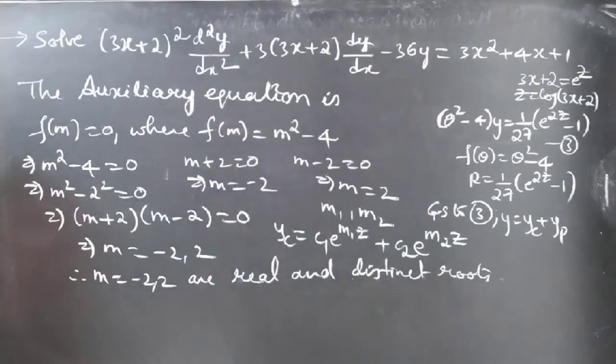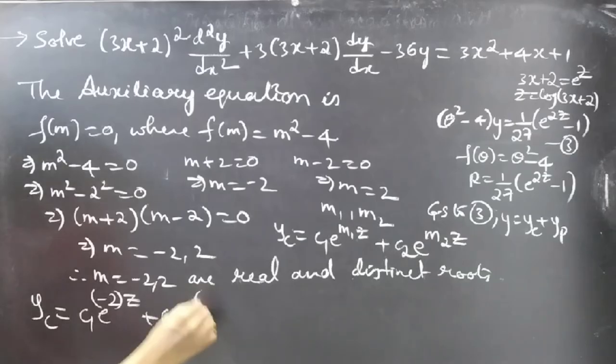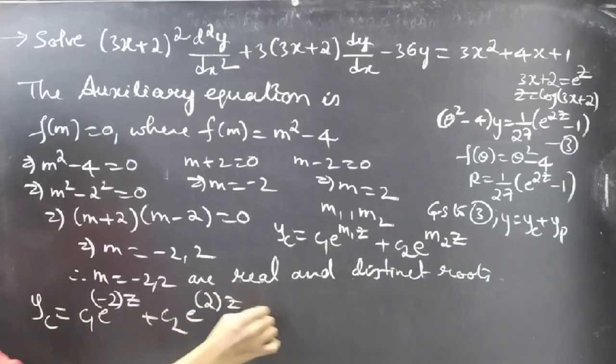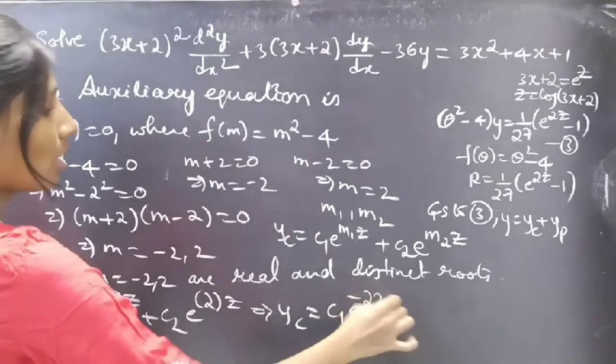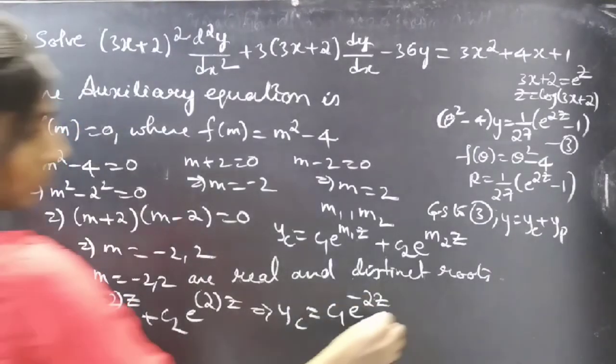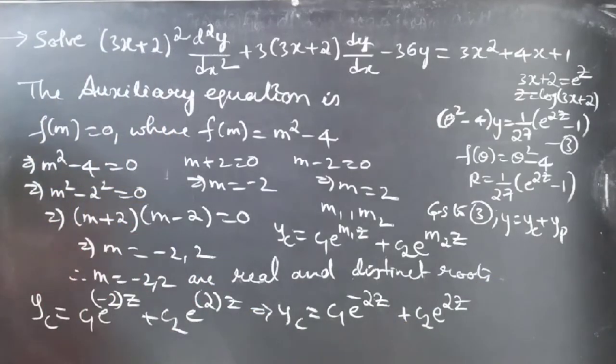Okay, fine. Now coming to our complementary function, yc equals one constant into e power one root, say minus 2, into z plus another constant into e power another root into z, then yc will be c1 e power minus 2z plus c2 e power 2z. Okay, so we got yc. Now let's find yp.